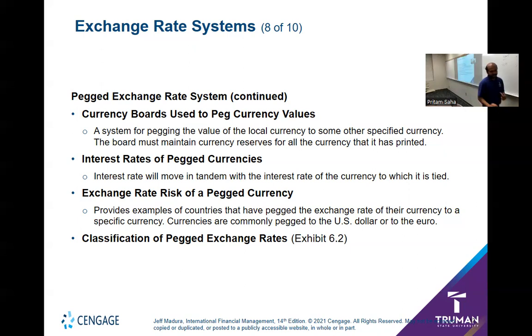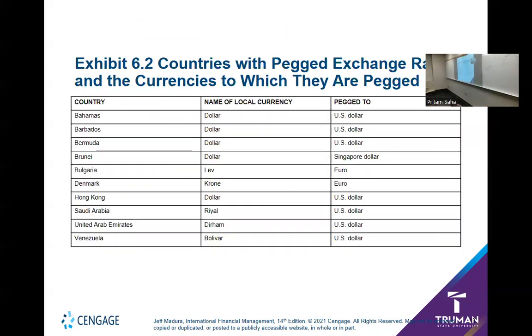If any country decides, for example Saudi Arabia decides they're going to peg with the US dollar, they have to maintain a sufficient reserve of US dollars so that their currency can move with the direction of the US dollar.